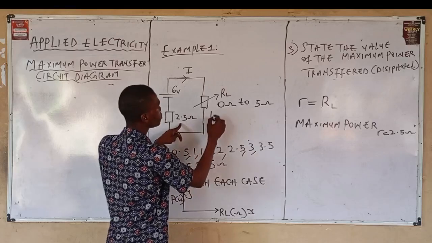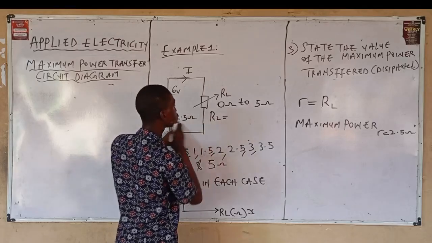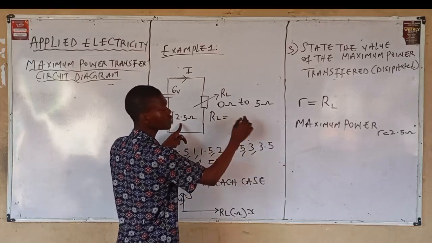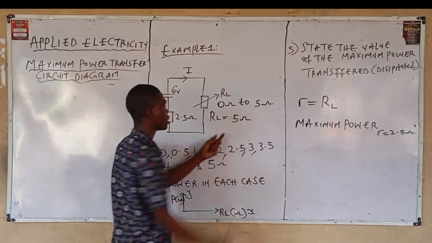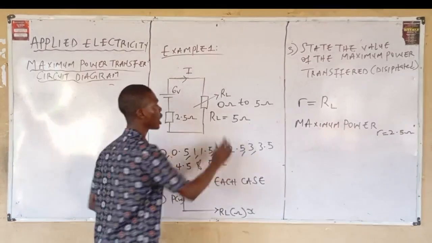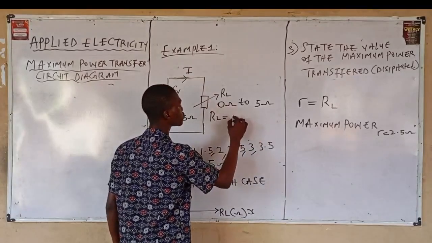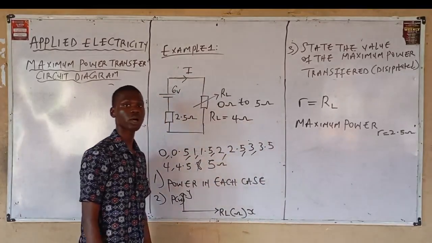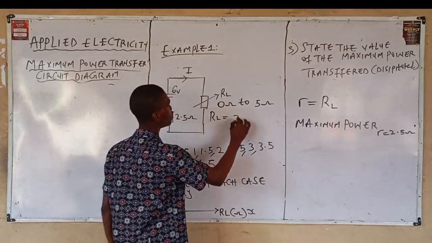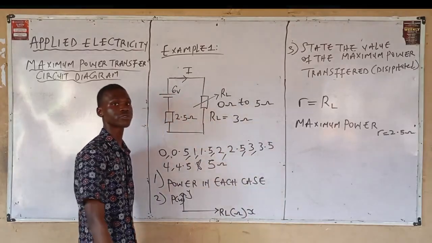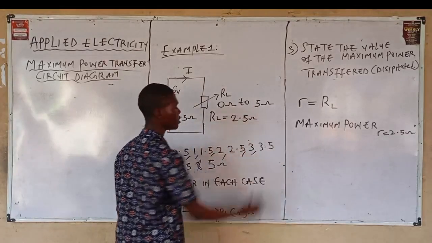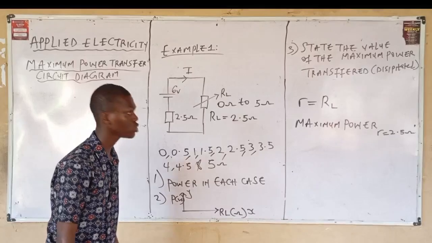When our load resistor is equal to 5 ohms, there is no maximum power transfer, right? When it is equal to 4 ohms, no maximum power transfer. When it is equal to 3 ohms, no maximum power transfer. But when it is equal to 2.5 ohms, there is maximum power transfer. The question is why?